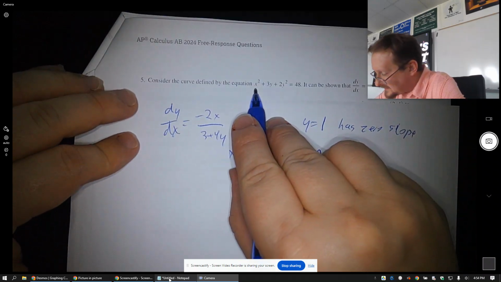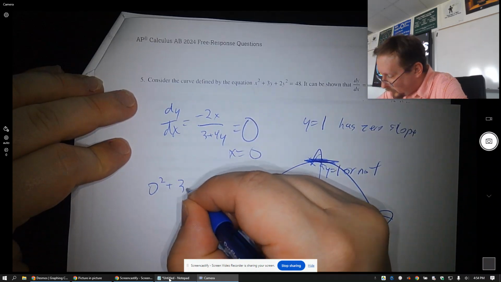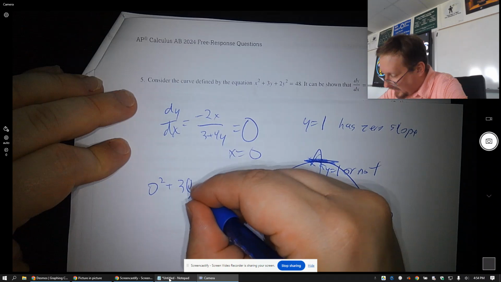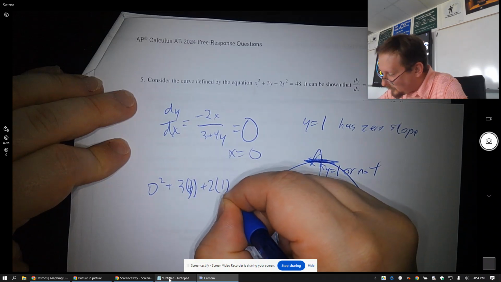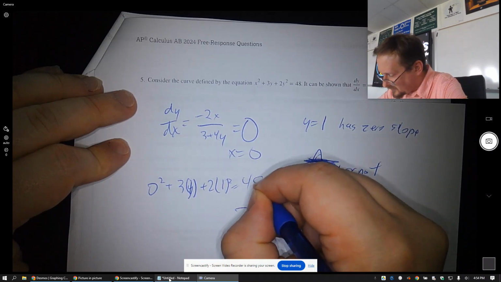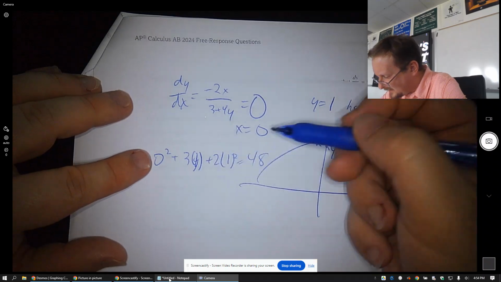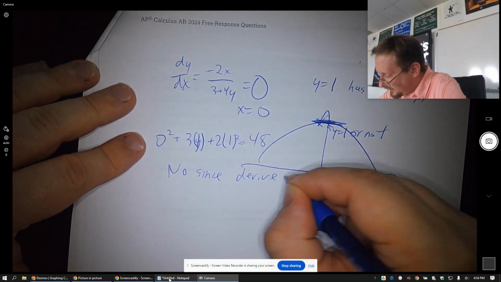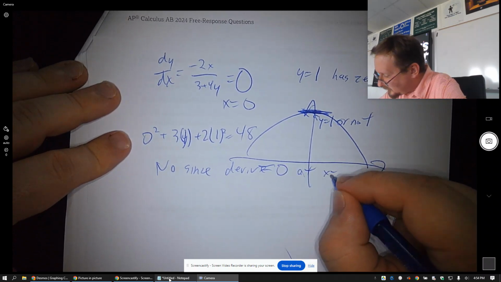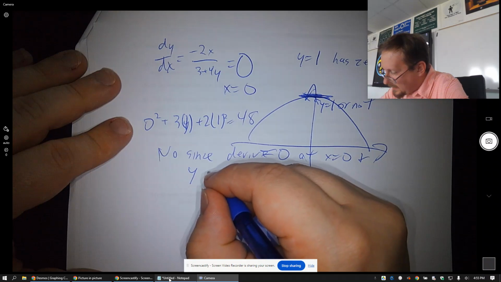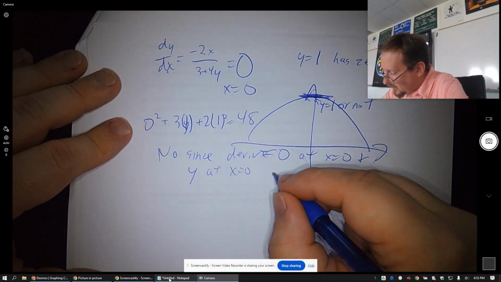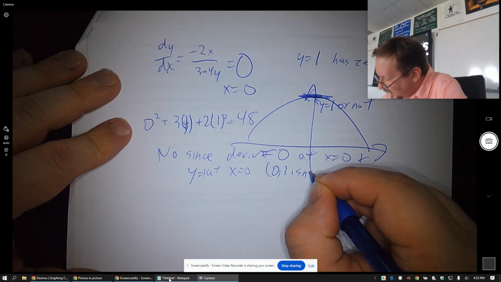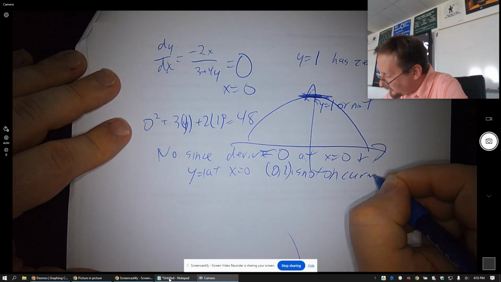So now I'm going to plug in x equals 0 here: 0 squared plus 3 times 1 plus 2 times 1 squared equals 5, which is not 48. There's no way. That's not it at all. So no, since the derivative equals 0 only at x equals 0, and the point 0 comma 1 is not on the curve, the line y equals 1 is not tangent to the curve.